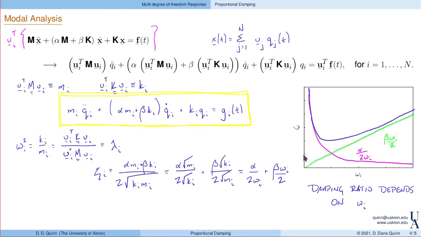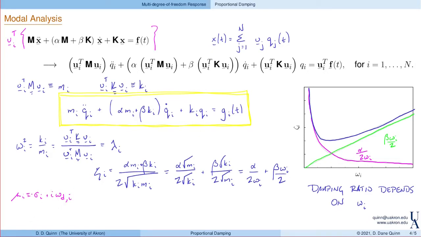So here, if I know the proportional damping constants and I know the mode frequency, then that determines the damping in the system. Finally, the decay rate and the damped natural frequency can also be determined. And so from here, mu_i is minus sigma plus i times the damped natural frequency.